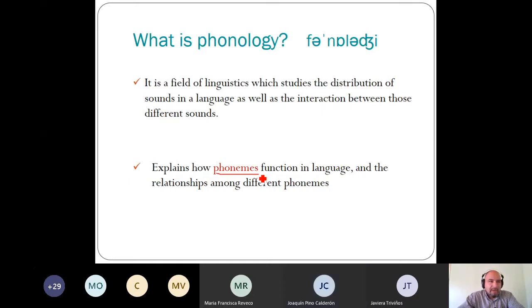It's a linguistic borrowing. I mean, we took the word from a different language. It's just like when we say pizza. Pizza is not a Spanish word. We took it from, I guess, Italian. Or sushi. Sushi is not a Spanish word, but we borrowed the word from a different language.